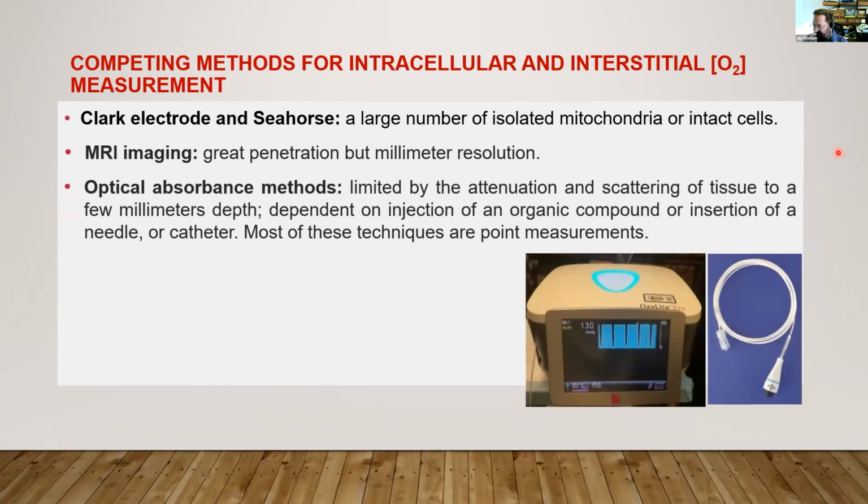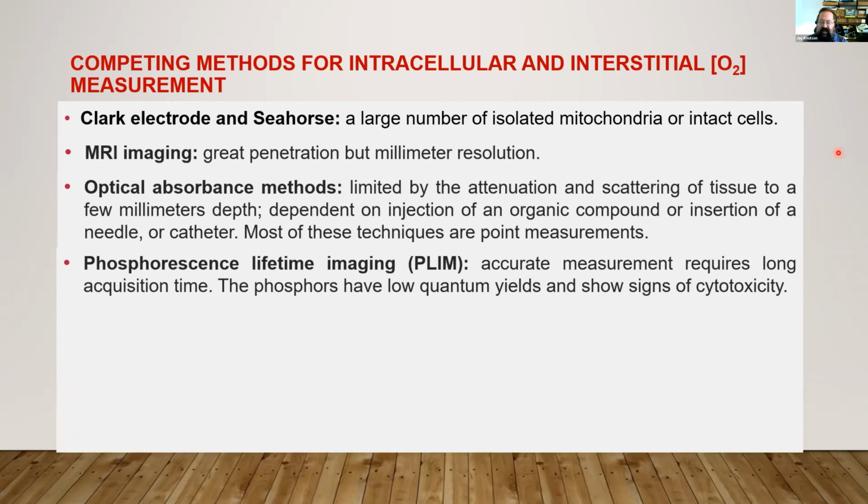And then there are methods that use probes of various sorts that you end up sticking into tissue. Otherwise, you can add various organic compounds. And these are all very disruptive and point measurements. They're not for imaging. The closest one has gotten to the kind of imaging we'd like to do is phosphorescence imaging with various phosphor nanoparticles.